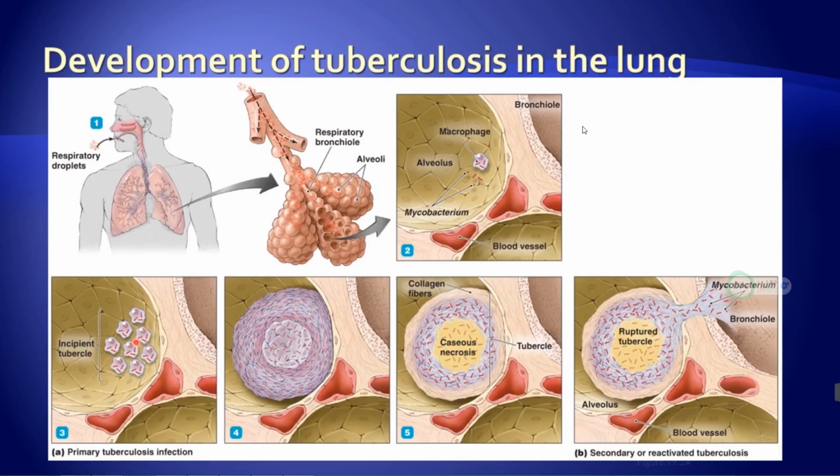And as time progresses, we see different layers now appear. So here's all the macrophages. They're starting to become modified. So now they're getting more epithelioid in terms of their shape and what they do. So they become more secretory in terms of their role than phagocytotic. They're attracting lymphocytes to the area.